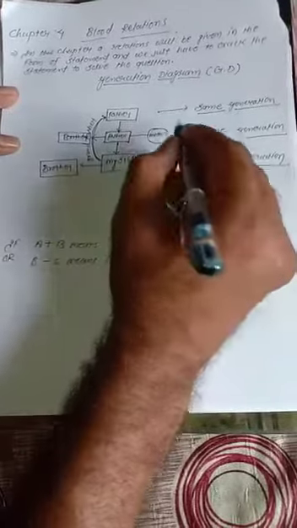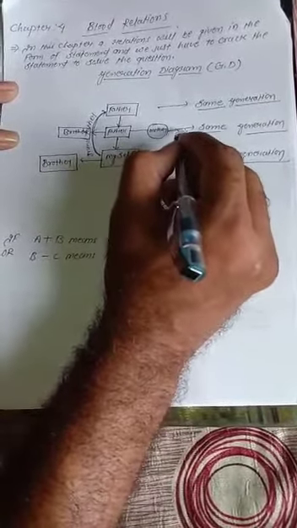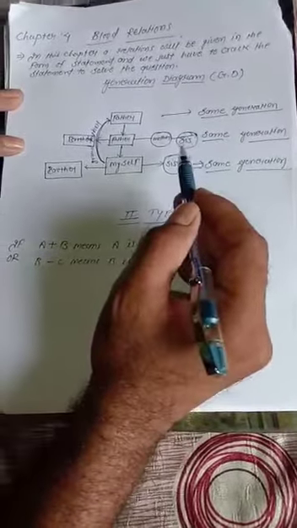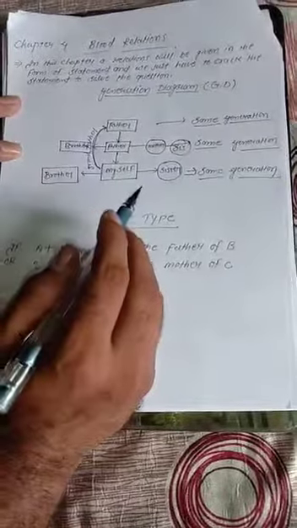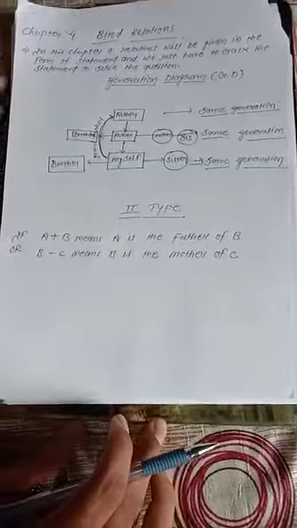If I'm talking about the sister of my mother, she will be here because she will be in the generation of my mother. So in this way we will solve the generation diagram, or solve the questions related to blood relationship.